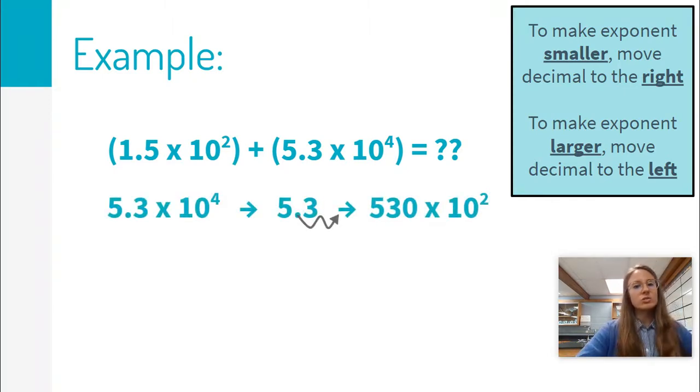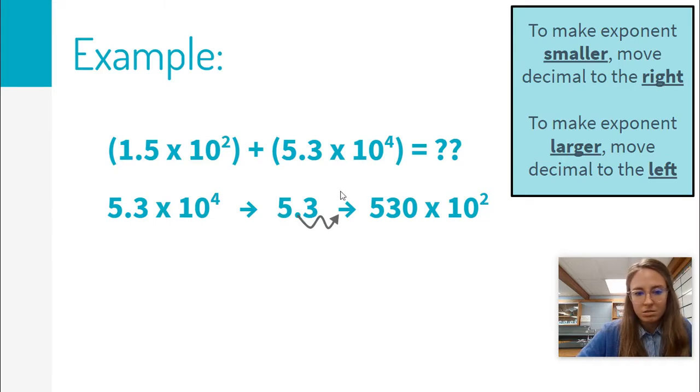So I chose to change the 5.3 times 10 to the 4th and get that exponent of 4 to be a 2 instead. And since I'm trying to make the exponent smaller, I am moving the decimal to the right. So if I'm going from a 4 to a 2, I am decreasing that exponent 2 values, which means I need to move the decimal 2 spaces to the right.